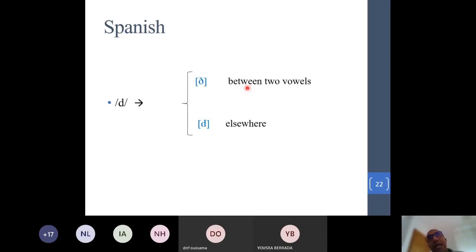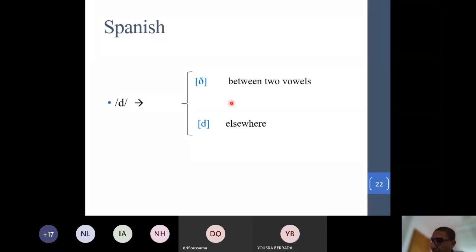They affect the articulation of the stop to make it more open-like. This process is called weakening or lenition, or also in some phonology books spirantization. That is the movement from a stop obstruent into a fricative, from a fricative into an approximant, and from an approximant into, if you want, a glide or a vowel.